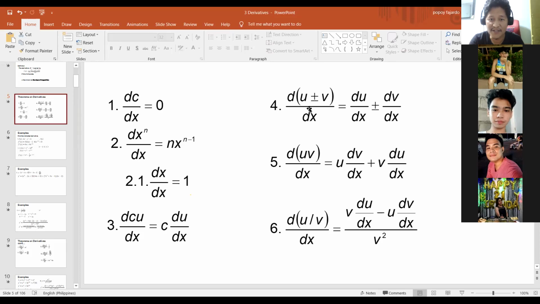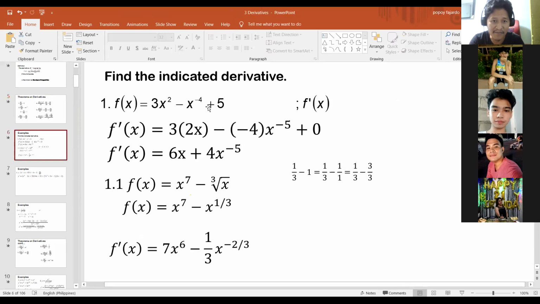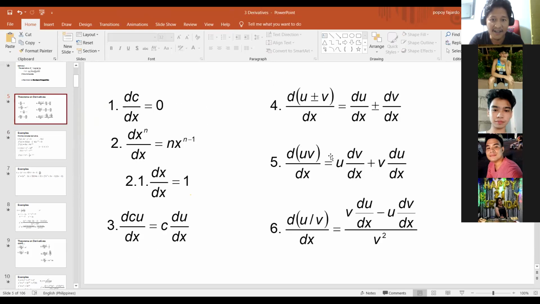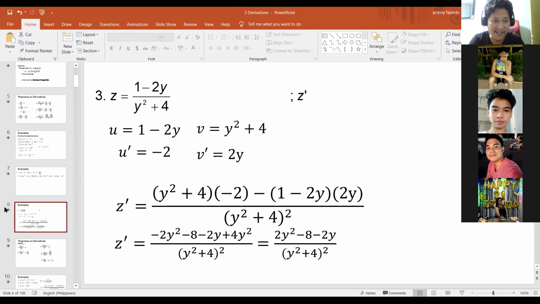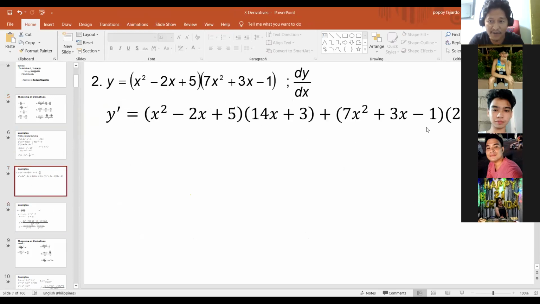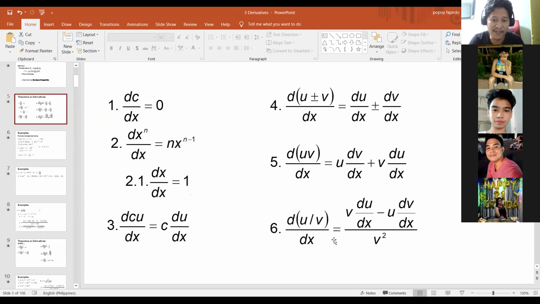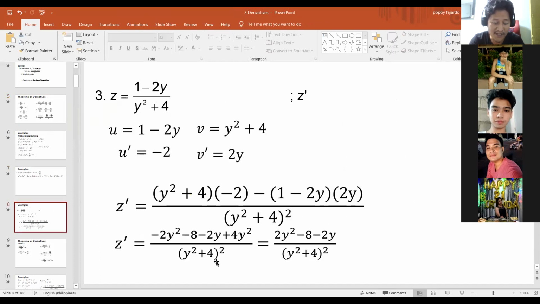Di ba meron na tayong sum and difference? Ito na yun, di ba? Pag ito, sum, difference. Itong product rule, ito naman yun. And then yung rule number 6, quotient rule. Ito na yung quotient rule. Okay?